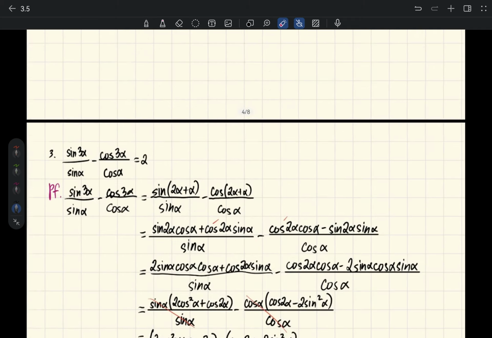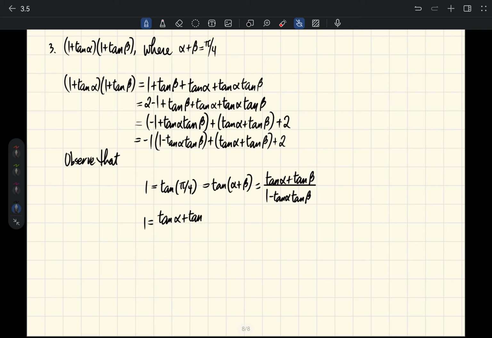So basically, we're saying that 1 equals tangent alpha plus tangent beta all over 1 minus tangent alpha tangent beta. Then further simplifying, we can multiply both sides by the denominator to get right here 1 minus tangent alpha tangent beta equals tangent alpha plus tangent beta.